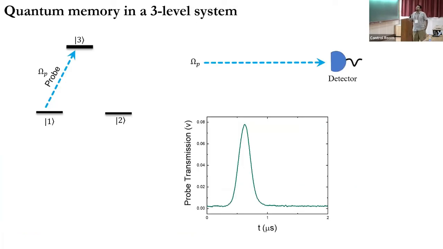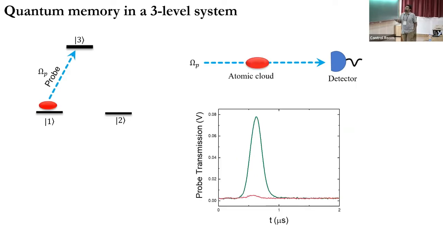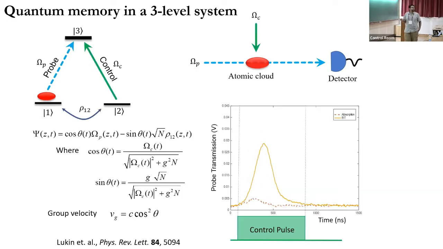Now consider a normal 3-level system where the probe field is resonant from state 1 to state 3. If we look at the detector, and this data is taken by an oscilloscope, the probe pulse is a Gaussian pulse. In the presence of atoms, there will be absorption. If we incident a control field, which is resonant from 2 to 3, then in the presence of both control and probe fields, a ground state coherence is generated in the system along with a dark state polariton.